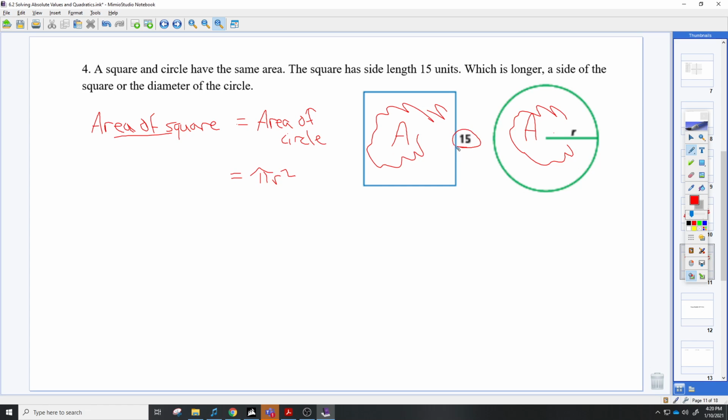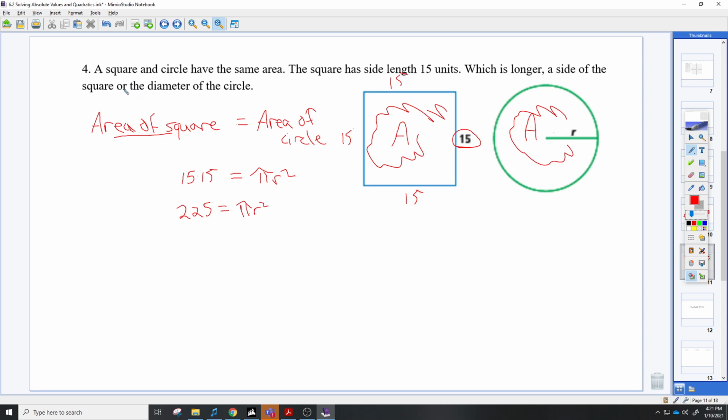In this particular case, it's 15 all around, right? It's 15 here and here and here. So to find the area of the square, we just do 15 times 15, which I'll write out for now. You can multiply that together. I believe that's 225. So we have 225 equals pi r squared.